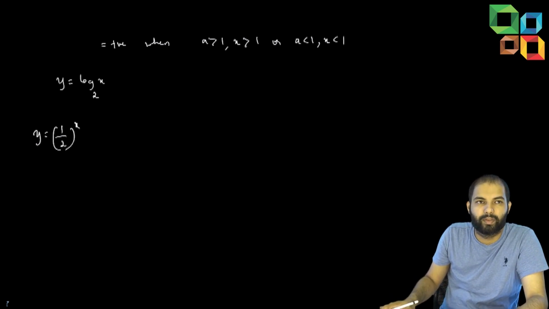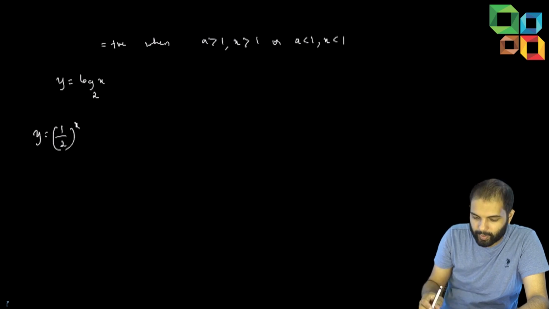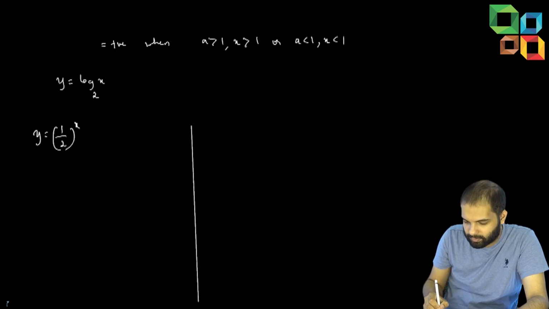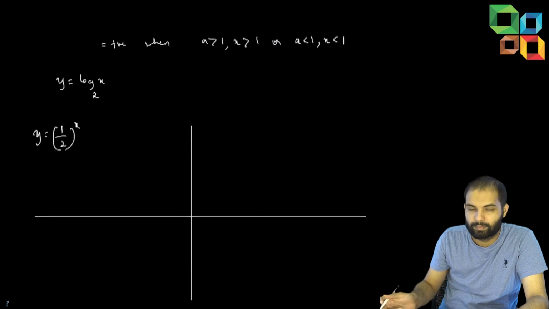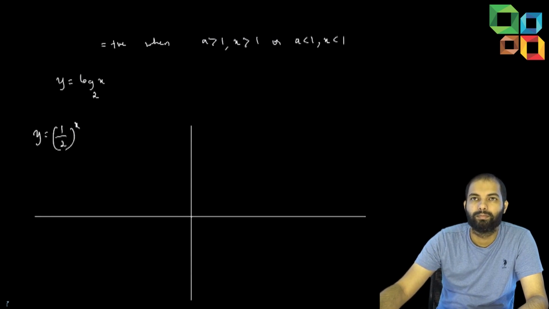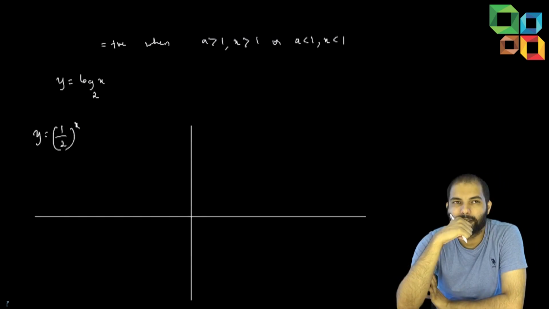For 2 power x, we've seen the graph and how it behaves. Now, if it's half power x, can you try to plot it again? We'll see how the graph looks.